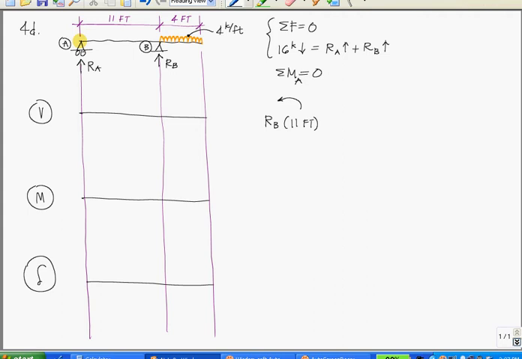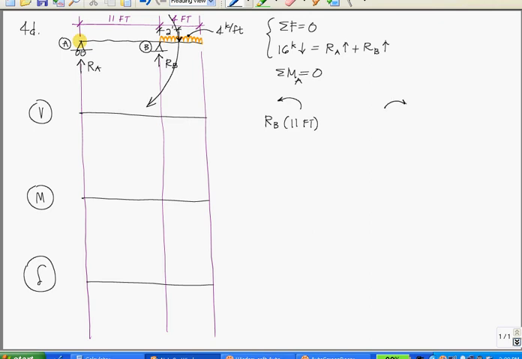Now let's take into account the 4 kips per foot times 4 feet, which is a 16 kip load. And we have to consider that the resultant of that load occurs right in the center of it. In other words, at 2 feet from point B. We can also see that relative to point A, that resultant force causes a clockwise moment.